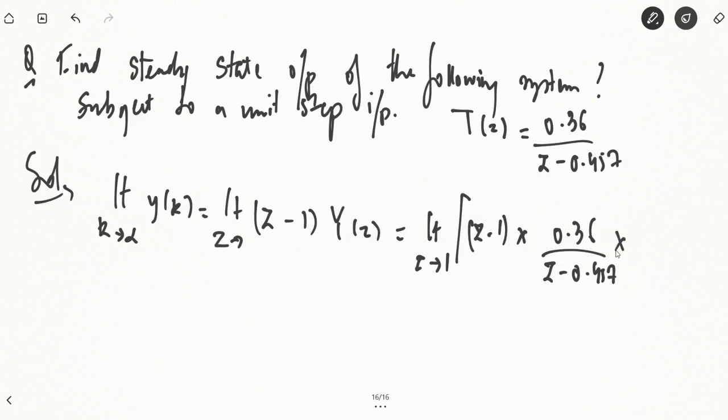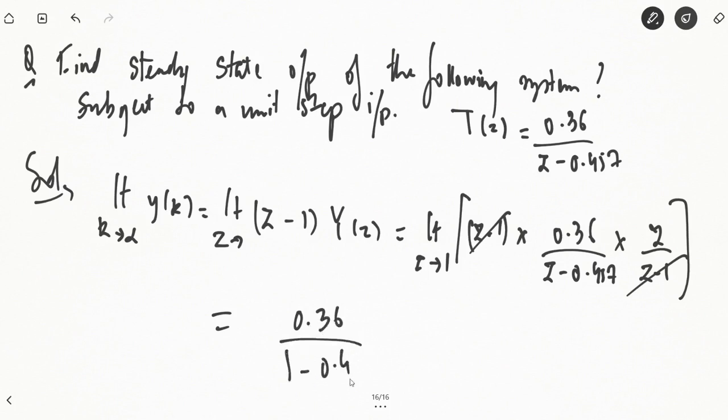R(z) for a unit step input means z divided by z minus 1. The Z transform of a unit step input is z divided by z minus 1. So this means z minus 1 cancels out. Substitute z equal to 1. This means 0.36 into 1 divided by 1 minus 0.457. Solve this, you will get 0.663. Fine. So this is the steady state output of the system when subject to a unit step input.